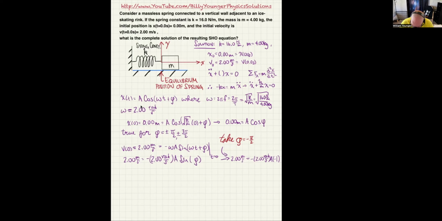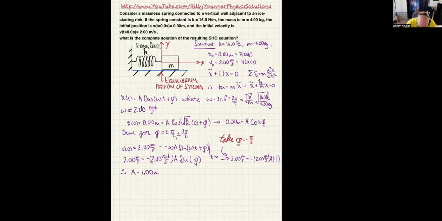That negative 1 times the negative sign out in front makes the numerical values equal to one another, and that means A just needs to be in meters. Therefore, A equals 1.00 meters seems to work just fine.